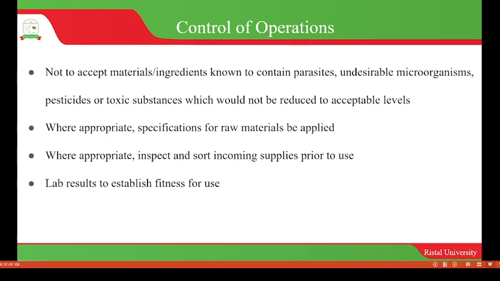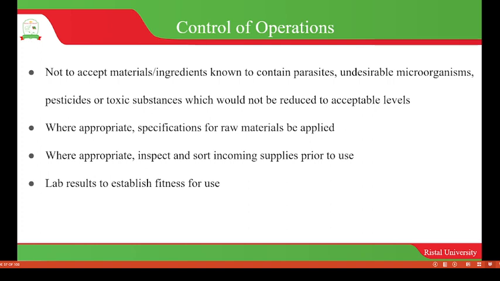If the level of the microorganisms, pesticides, toxic substances, or parasites is at an unacceptable level in the raw materials or ingredients, then we don't need to accept it. We need to reject it.